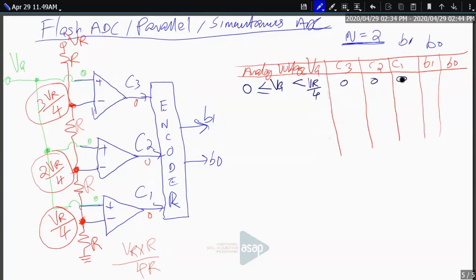Therefore, C1 alone can become 1. All others will be 0 because the voltage is now larger than VR by 4 but lower than 2 VR by 4. But when the voltage increases above 2 VR by 4, both C1 and C2 will produce output high, because it is already greater than VR by 4, and if it is also greater than 2 VR by 4, both the comparators can produce 1 output.